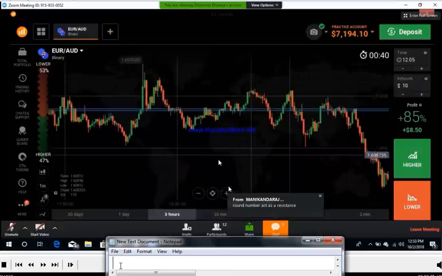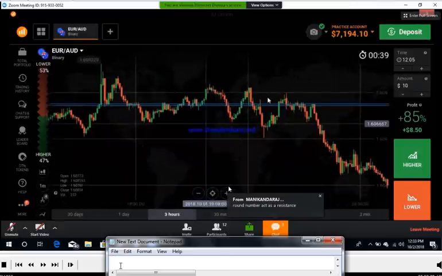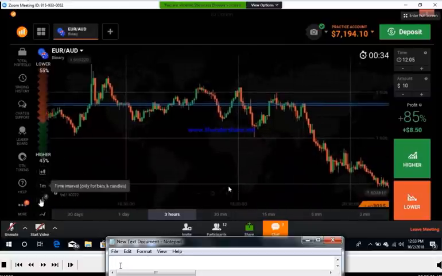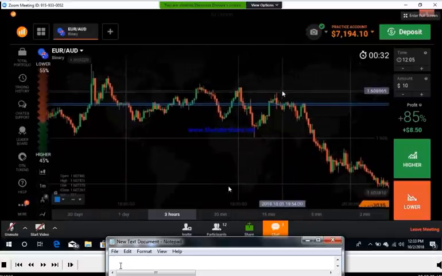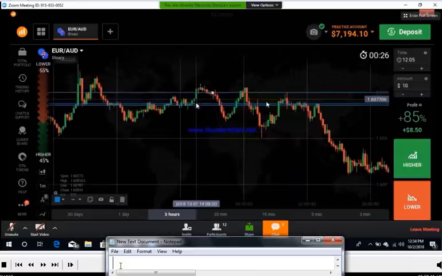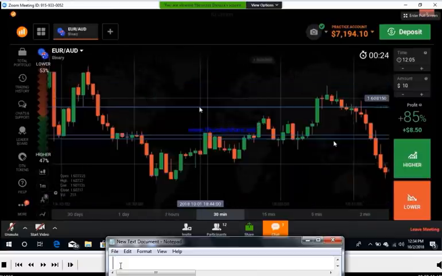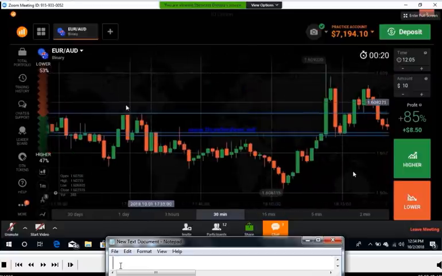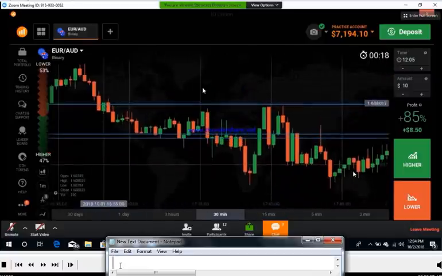Okay. You can see this round number is working here. This round number is working, so you can consider this as a strong level. It is working here, here, here. Even on the breakout, it reverses from the same level. You can see it is working.